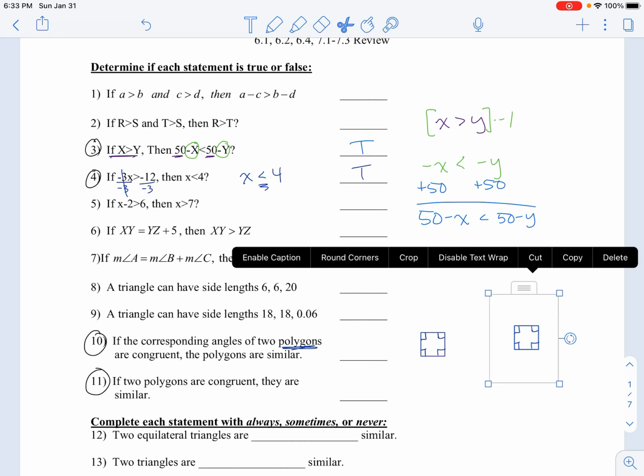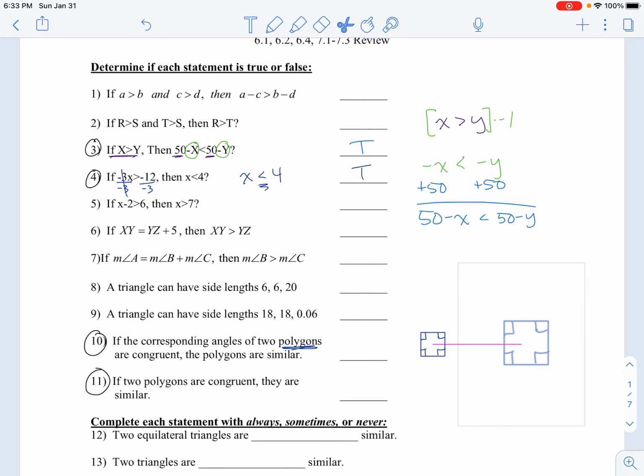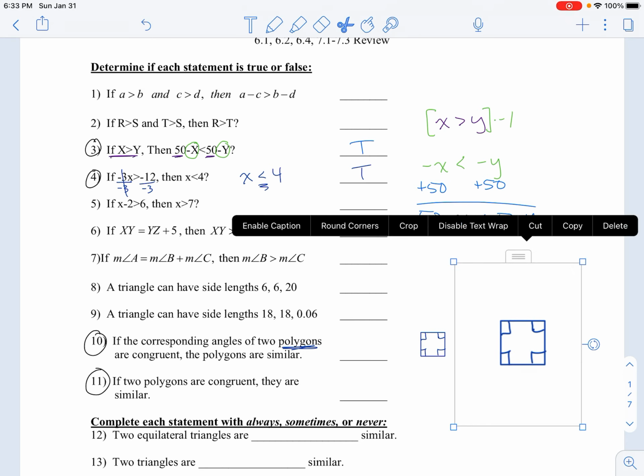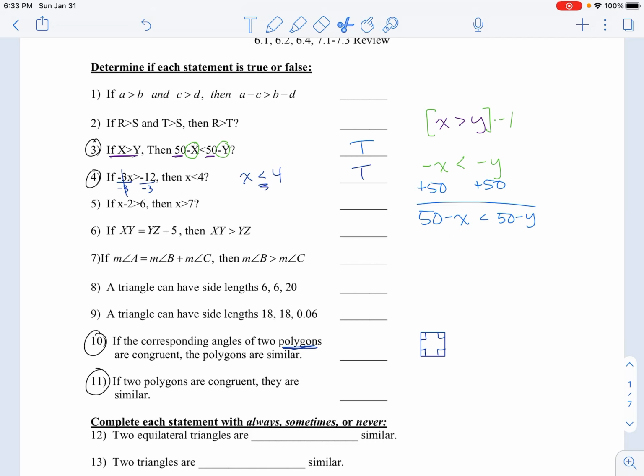So I can definitely do the same where those are similar. So that's kind of my yes case. But can I draw it where they're not? Well, yeah, because I can just draw a long, long rectangle like that. Now all 4 angles are in fact the same, but these are definitely not similar.